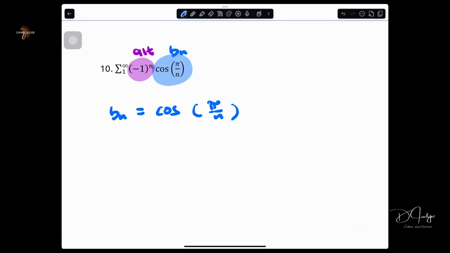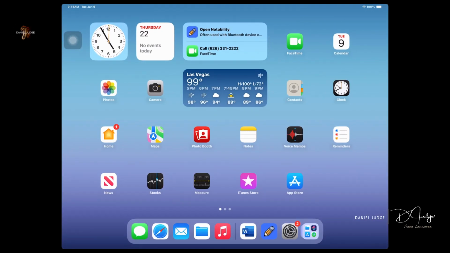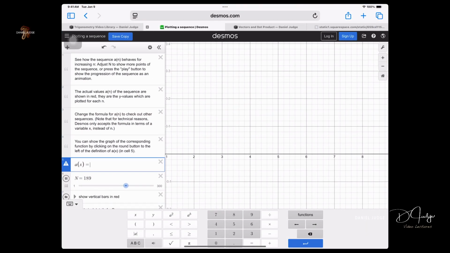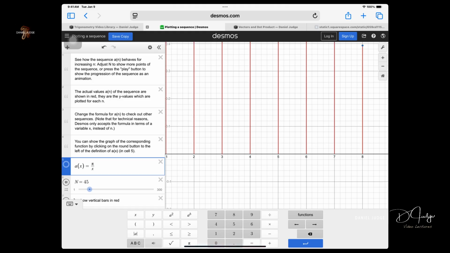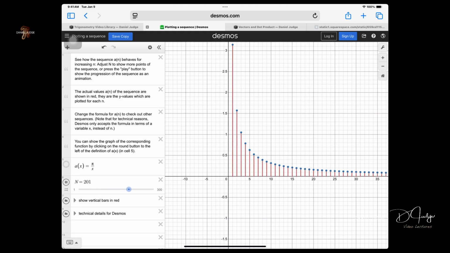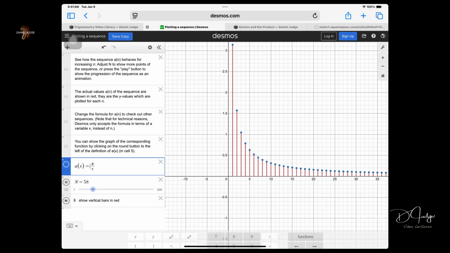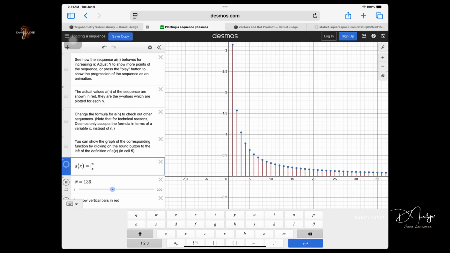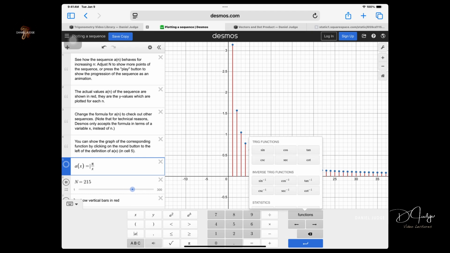So pi over n, let's take a look. Pi over x. So this is actually decreasing, but we want to know, what about cosine now?